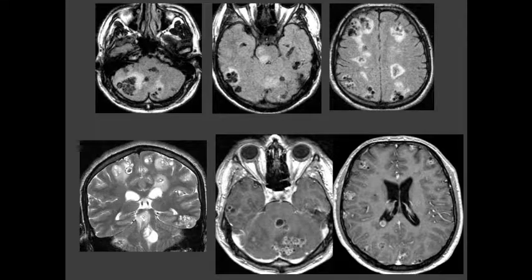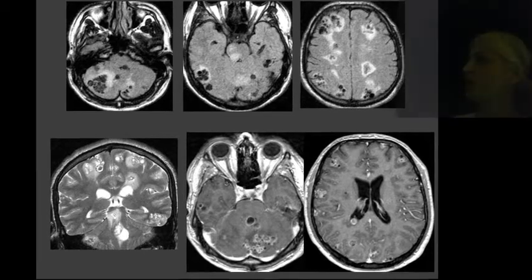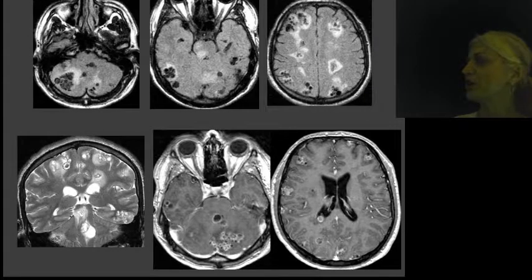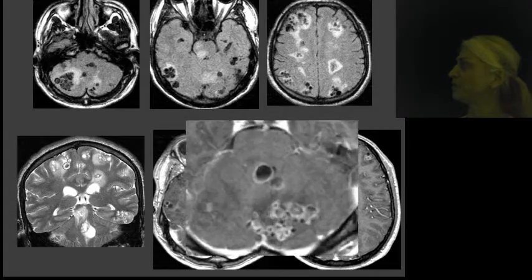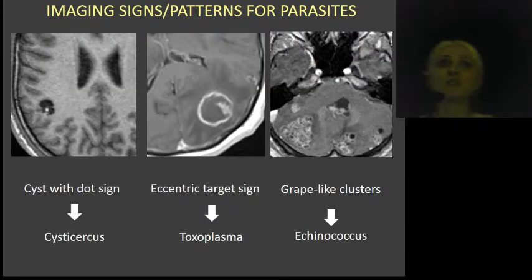This was a patient with alveolar echinococcosis, which again we were not able to diagnose easily, but fortunately he had a biopsy of his cardiac lesion and it ended up being alveolar echinococcosis. So there were very dark lesions on this FLAIR, located even intraventricularly and in the brain parenchyma, with this type of grape-like enhancement. So imaging signs are very helpful.